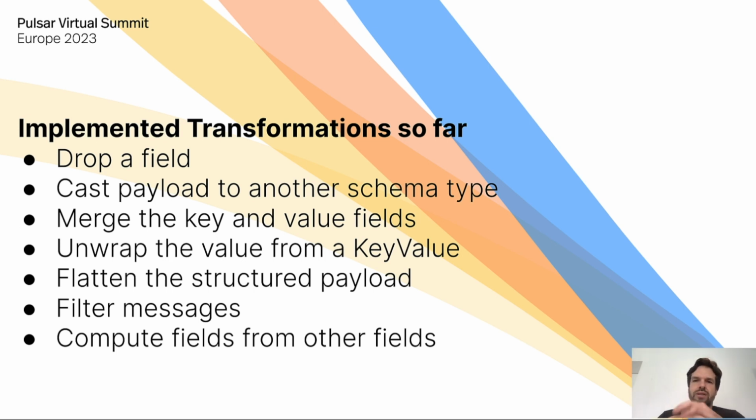This will transform your Avro message into a string, and when you transform Avro to string, we actually do the JSON representation of the Avro. So you get a JSON string of your Avro payload. We also have merging the key and value and unwrapping, because those were the functions needed for our use case with Kinesis, and also the ability to flatten the structured payload.